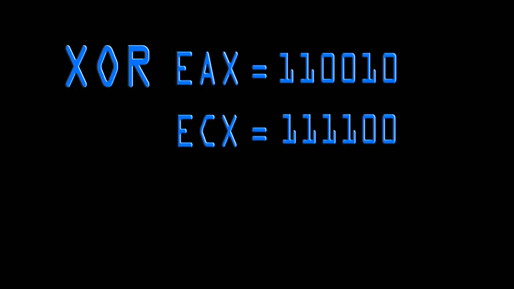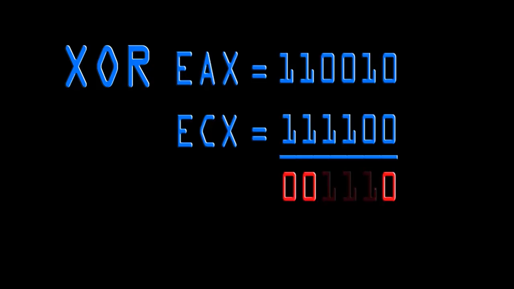Well, XOR does this. It looks for any like columns. If it's 1 and 1, or 0 and 0, anything that's alike, that will always equal a 0. Anything that are opposites or different, which could only be 0 or 1 because it's binary, if they are different, that equals 1.